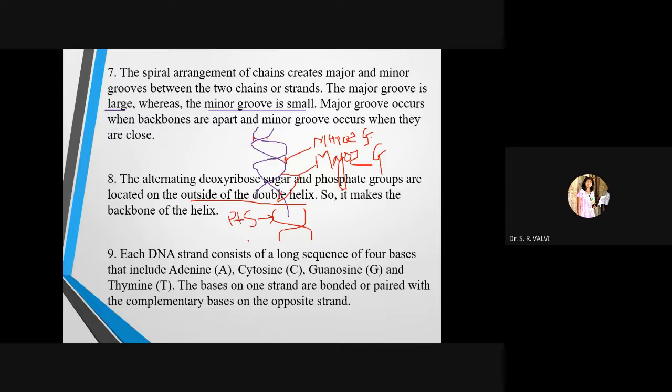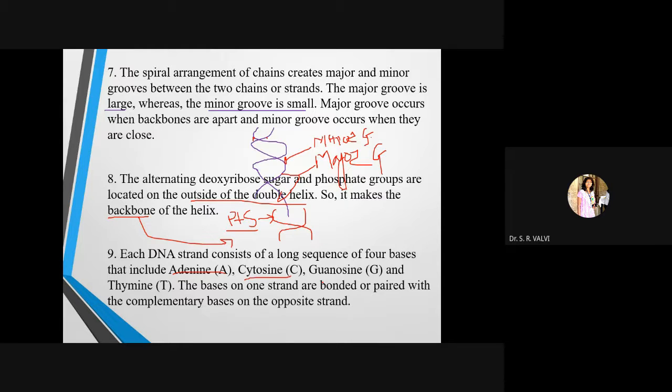So the backbone is made up of phosphate group and sugar. Now next, each DNA strand consists of a long sequence of 4 bases, including adenine, cytosine, guanine and thymine.